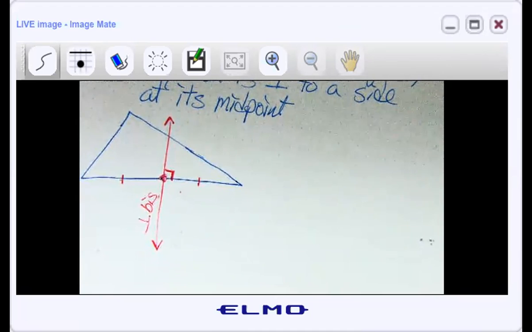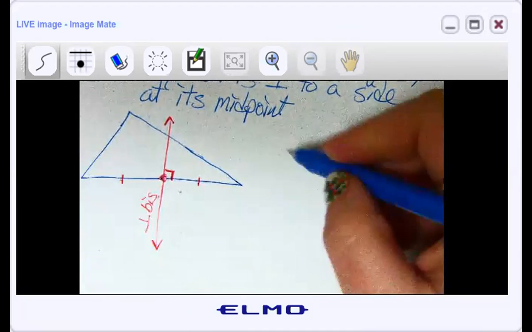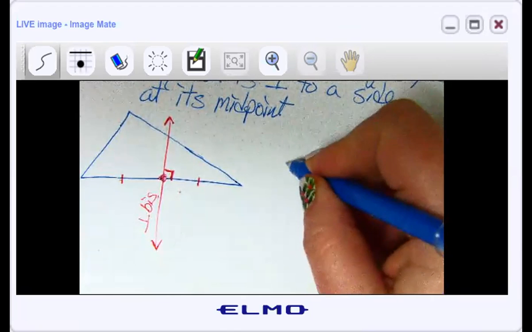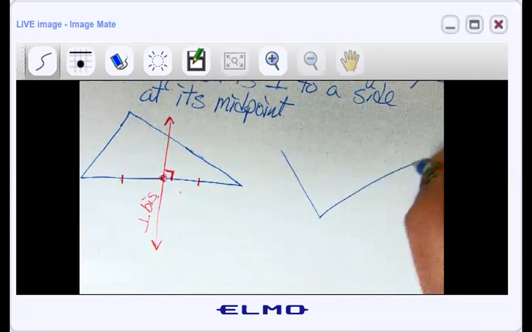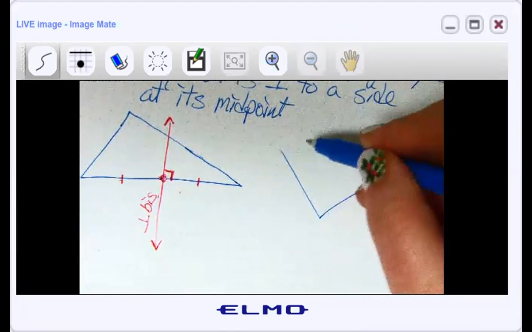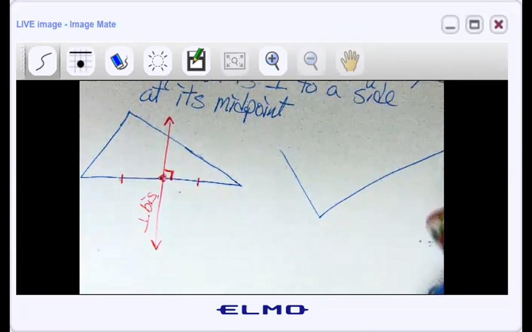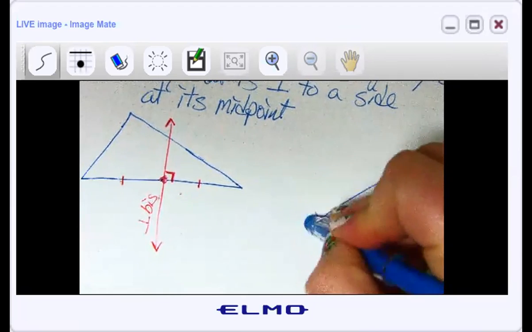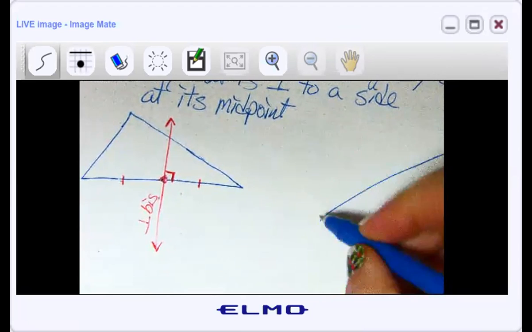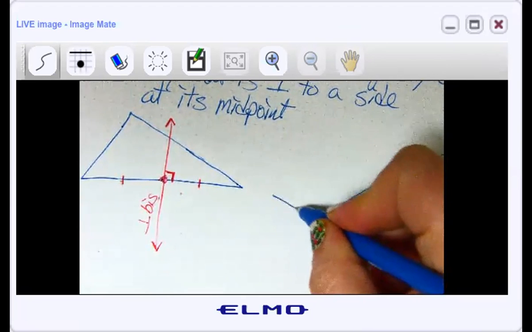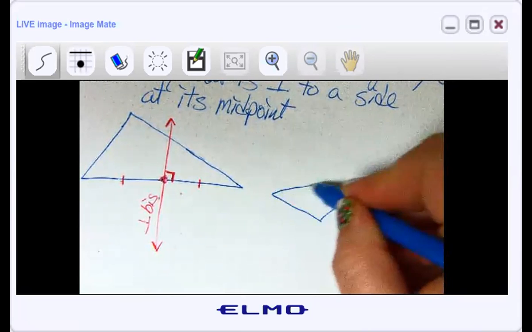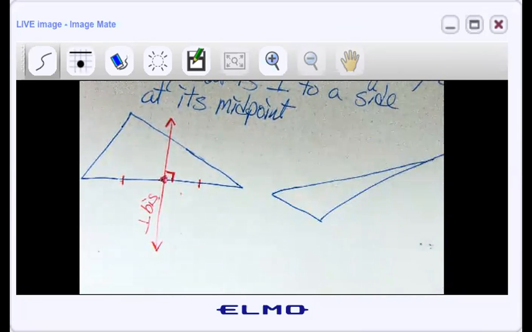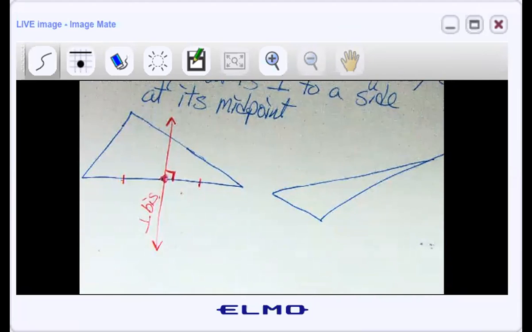Okay, let's take a look at a different type of triangle and what it might look like. So what if I had, I don't know, that's actually kind of the same triangle. Hold on. I'm gonna make it obtuse. All right, so say I had something like this.